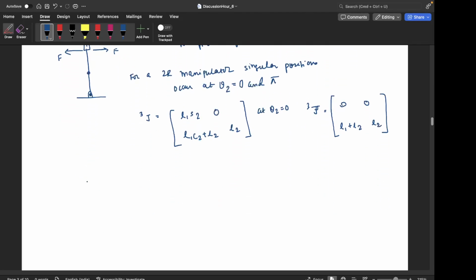Now we know that tau is equal to J transpose F, right?